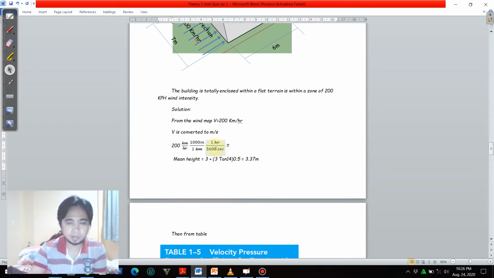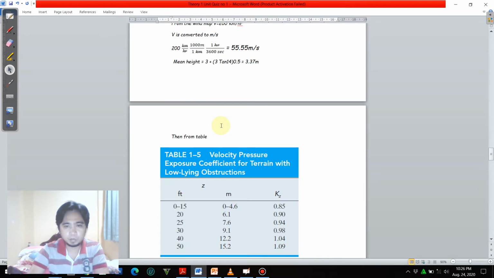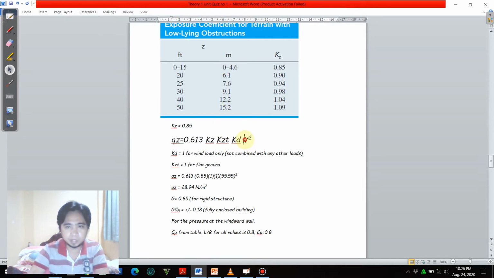Applying the conversion factor, we have 1 kilometer is 1000 meters, and 1 hour is 3600 seconds. If we multiply that, 200,000 divided by 3600, that is 55.55 meters per second. So we have already obtained this one.